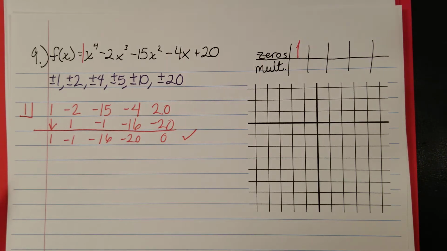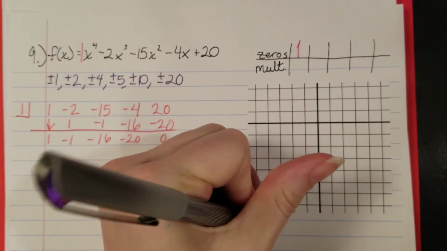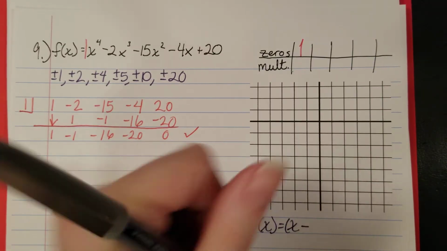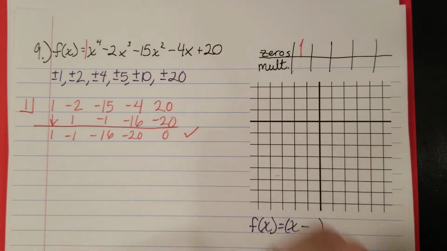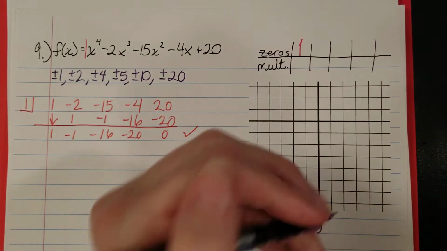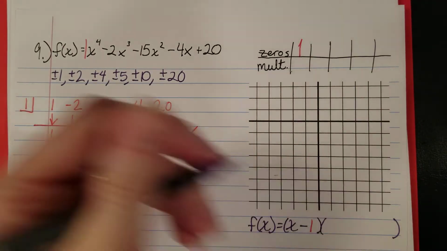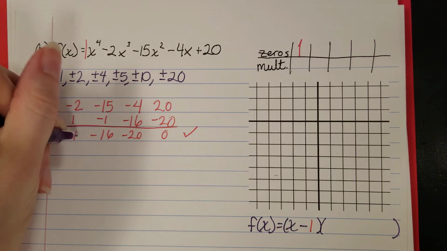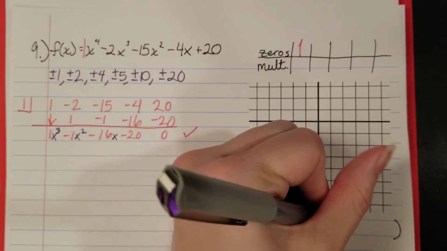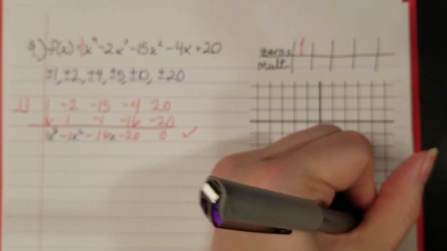So let's go ahead and write down what we have so far. f of x equals x minus 1 and then here we would fill in this stuff: x to the third minus x squared minus 16x minus 20.